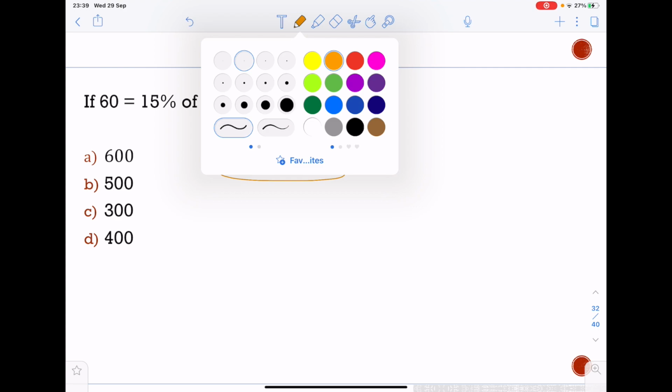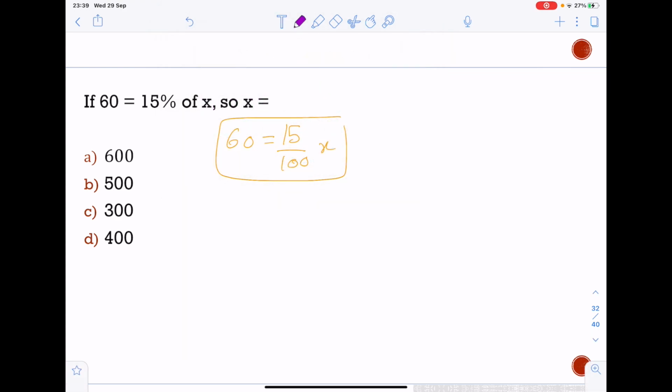To solve this one, we just multiply both sides by 100 over 15. So my x here equals 60 times 100 over 15. I know that I have 4 of the 15 in 60. So I can cancel this 15 with this 15. Then I will multiply 4 with 100, which equals 400.